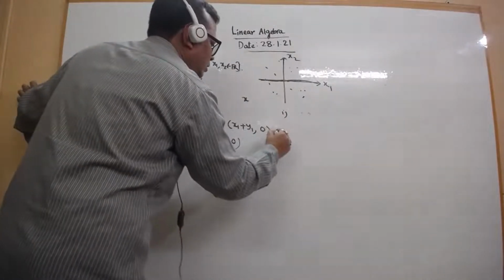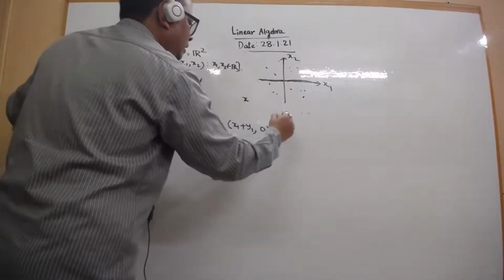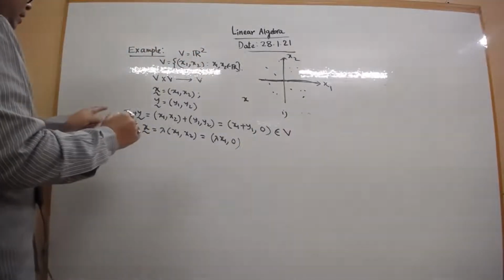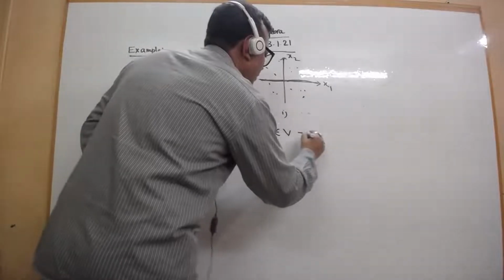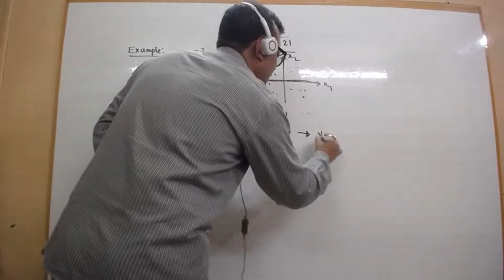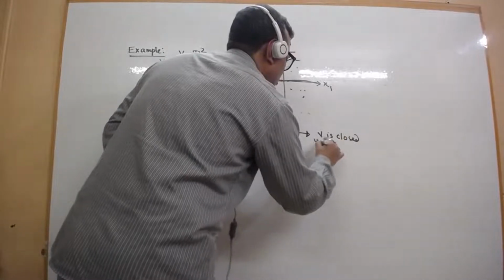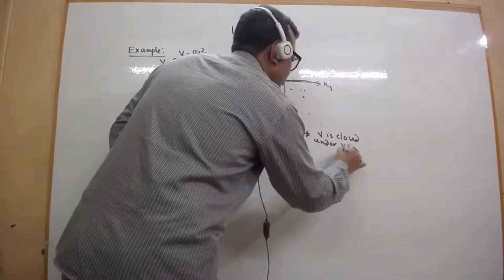So this is a subset of V, so this belongs to V, hence the first property is satisfied. So V is closed under vector addition.